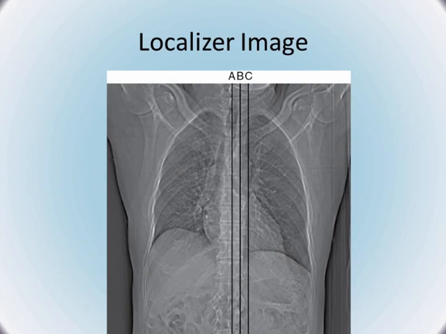Here's another localizer image. It's looking at an AP projection of the chest, and we're going to be dividing the patient into the sagittal planes and just looking at three of them.